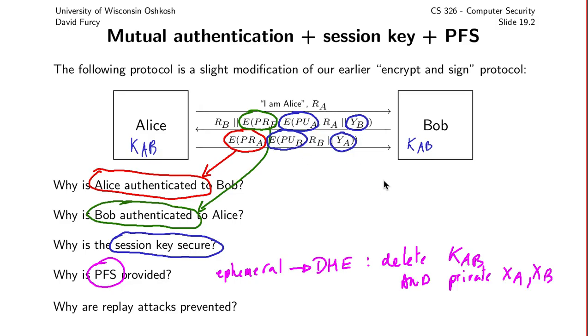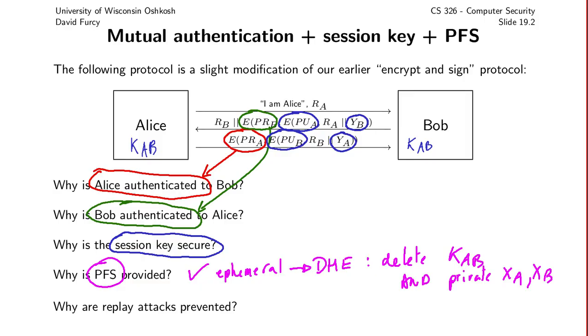Notice that the beauty of this perfect forward secrecy is that after the session is over and these keys are destroyed, not even Alice and Bob are able to decrypt their own earlier messages. So if Alice and Bob cannot do it, clearly an attacker cannot do it either. So just make sure you review the concept of perfect forward secrecy from the previous video if needed.